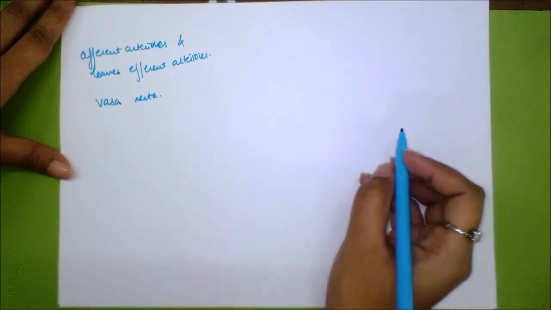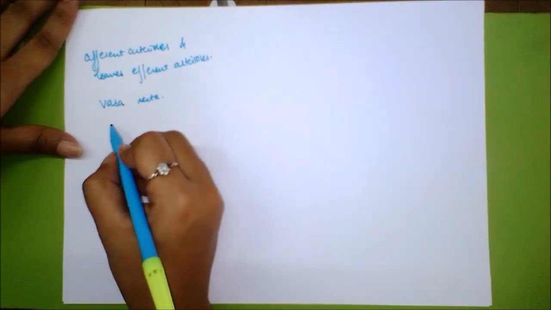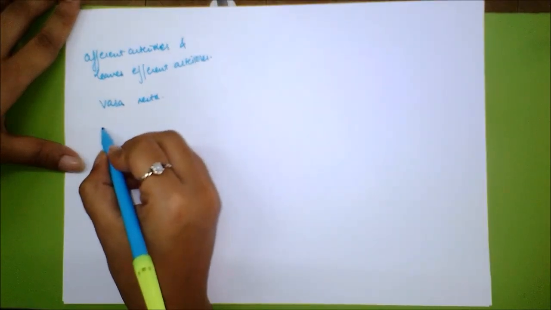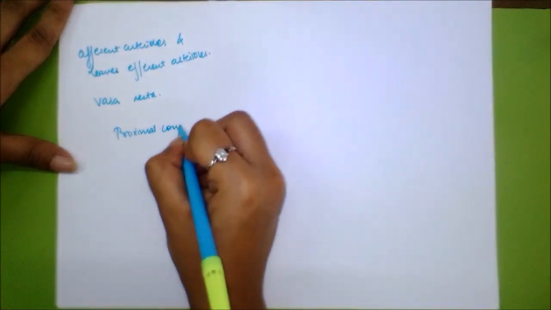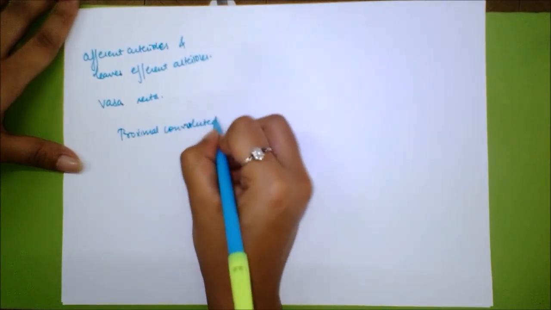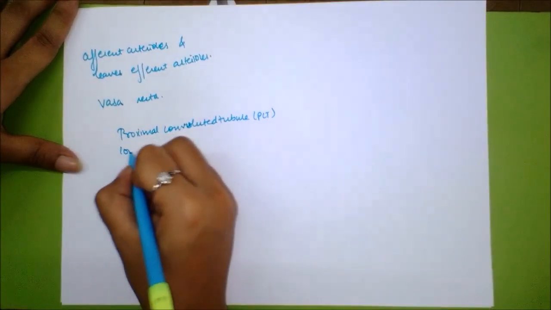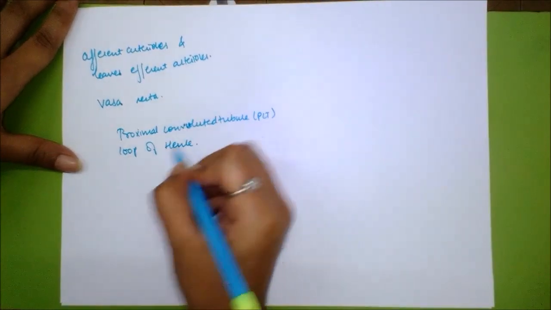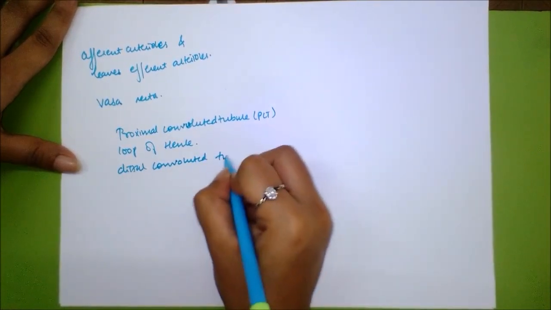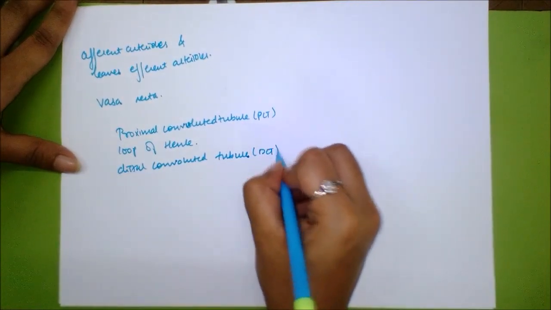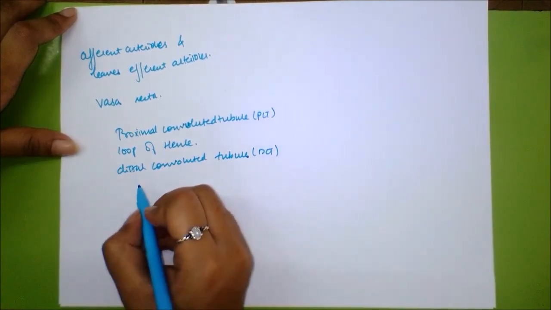Attached to each Bowman's capsule is a long, thin renal tubule with three distinct regions: the proximal convoluted tubule, PCT, then the loop of Henle, and the distal convoluted tubule, DCT. The distal convoluted tubule continues into a short straight terminal part called collecting tubules.